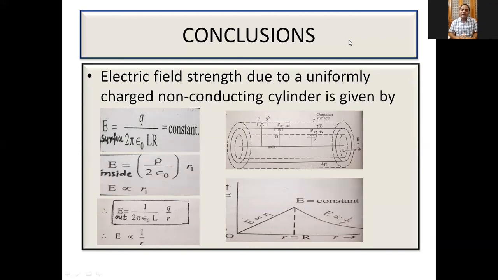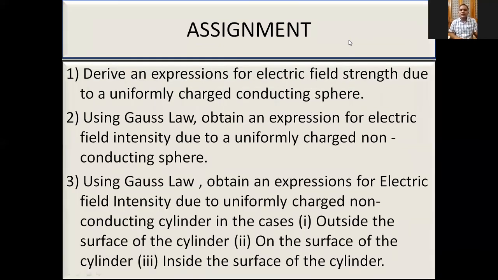Beyond that, if you move further radially outwards, the electric field strength decreases again, with the relation E inversely proportional to R. Regarding this discussion, you may expect these questions from this chapter. Derive the expression for electric field strength due to a uniformly charged conducting sphere.